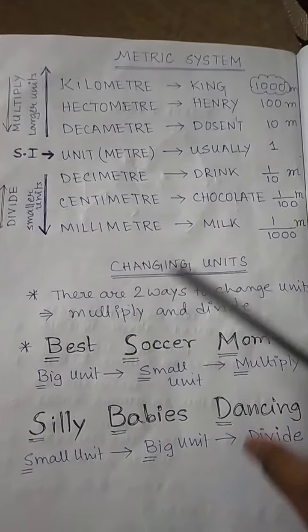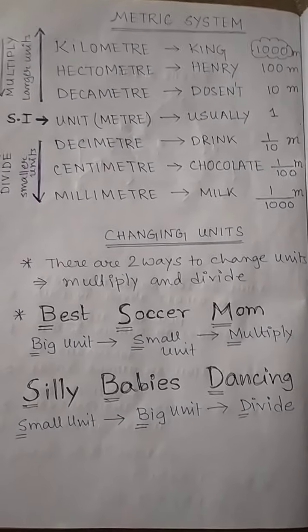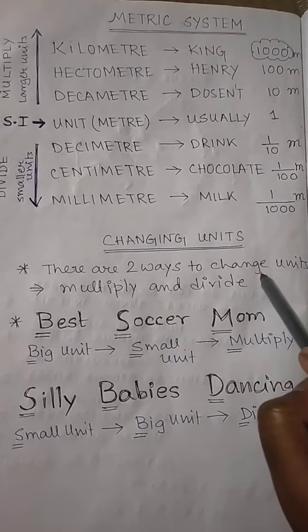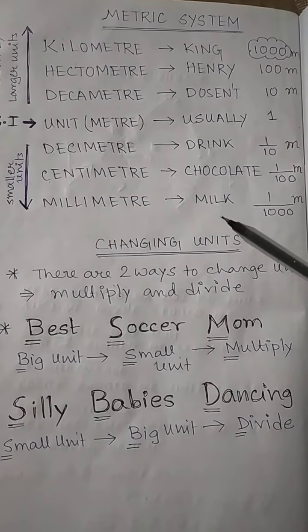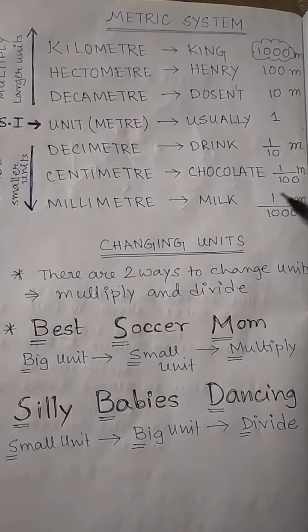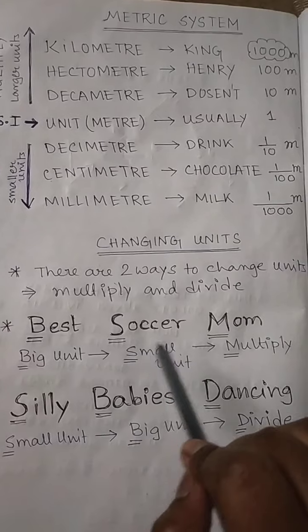Now there are basically two ways of changing the units. One is multiply and one is divide. When do we have to multiply, and when do we have to divide? Here is another mnemonic: Best soccer mom.